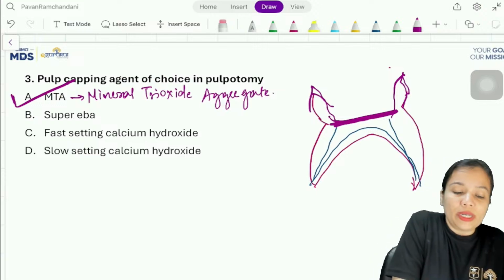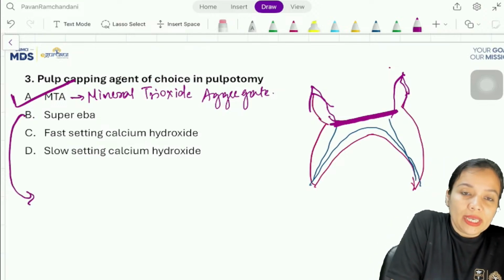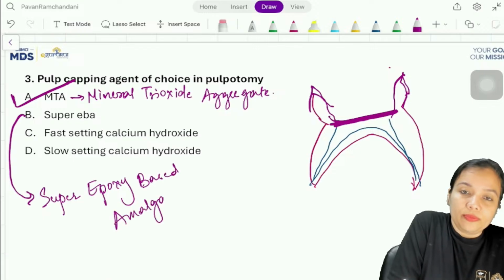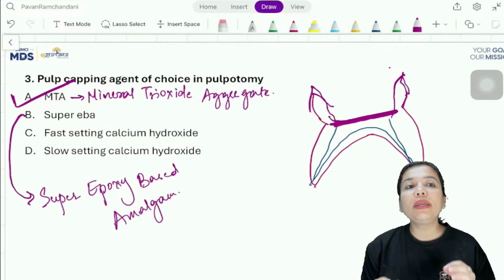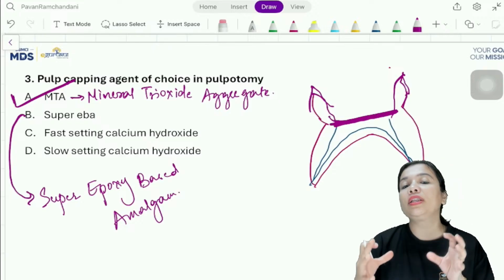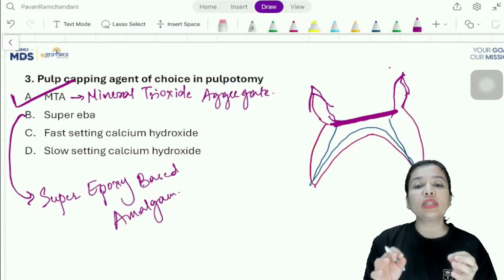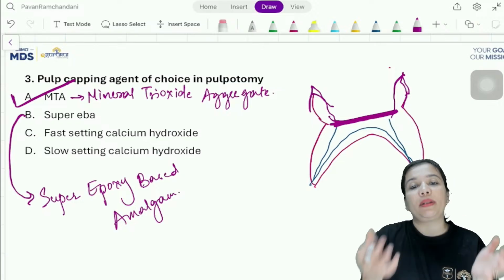What is super EBA? Super EBA is super epoxy based amalgam. That is super EBA. Okay, so super EBA is another commonly used material for pulpotomies, especially for permanent teeth, but it is not the material of choice in pediatric pulpotomies.